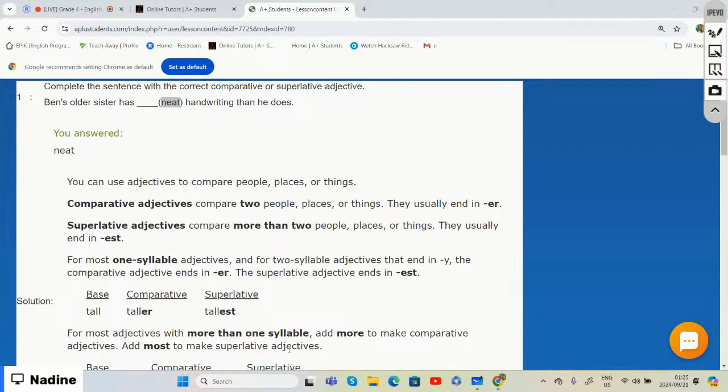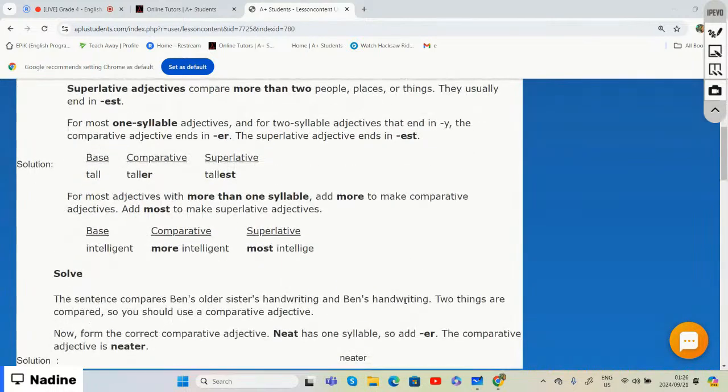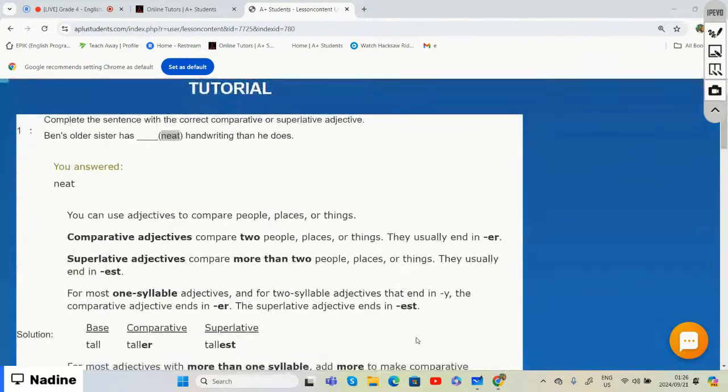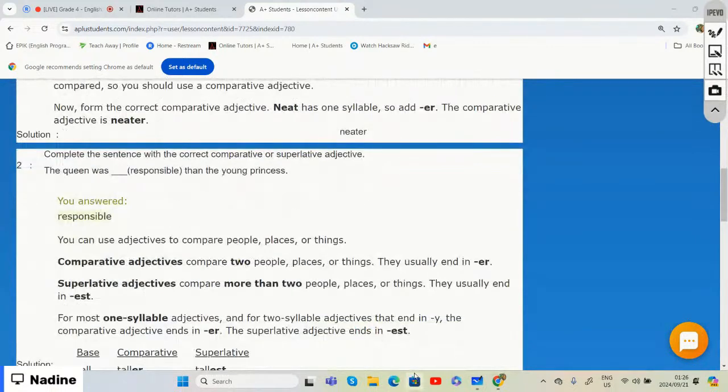And superlative adjectives, right? They compare more than two people, places, or things, and they end with est. All right. So we say neater handwriting. Let's go to the next example or activity.